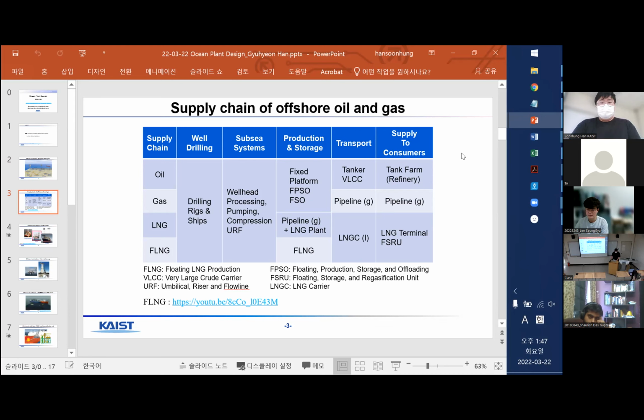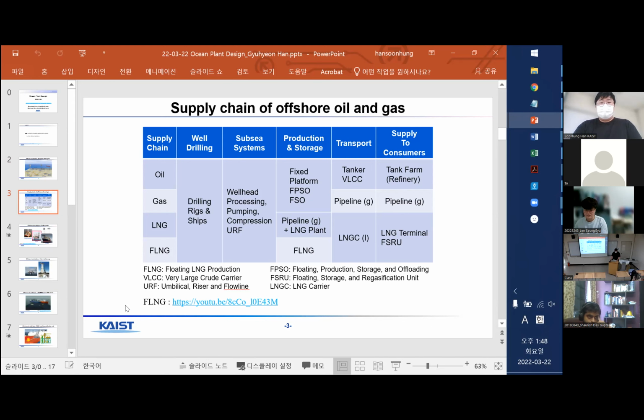The terminals are quite hard to understand. These are the explanations of the terminals. First, FLNG is a floating LNG production unit or plant. It can be a ship or some fixed plant, but FLNG means all of that. And VLCC is a very large crude carrier, a very big ship for carrying crude.